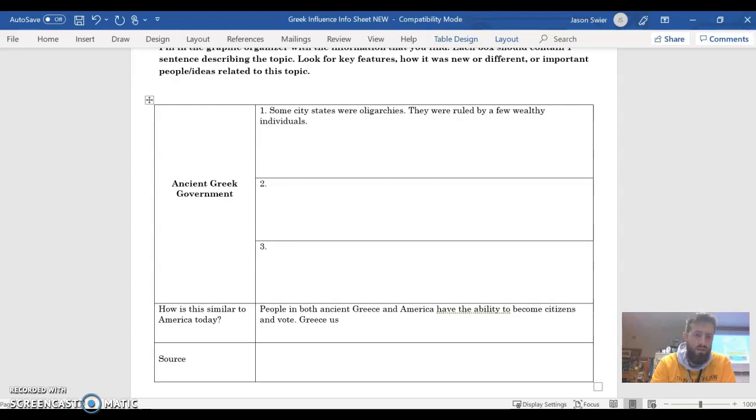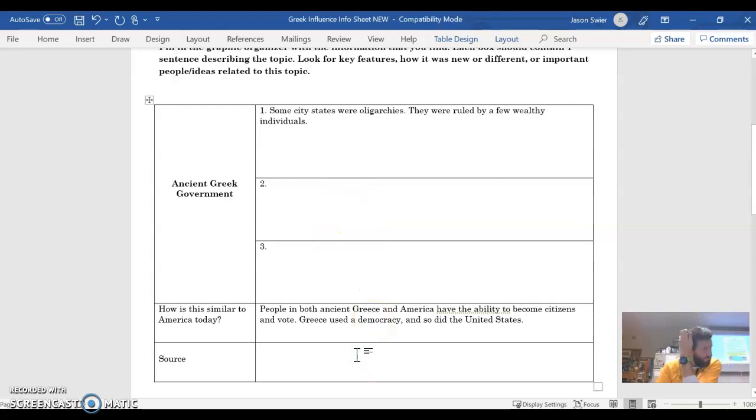Greece used a democracy, and so did the United States. Okay, something like that, right? So this is using your own thoughts, your own ideas as you look and see here, see if you find anything that sounds the same as what America is today, right?